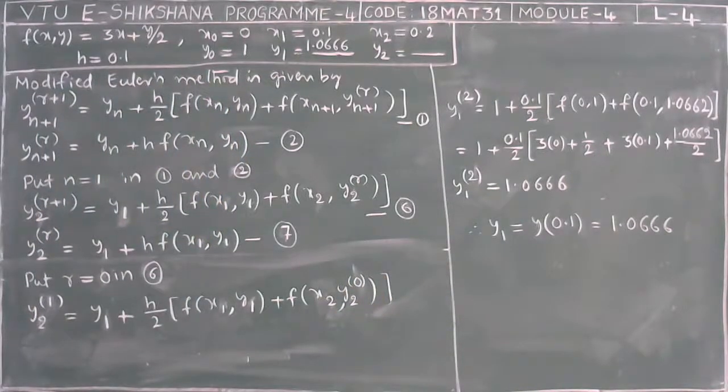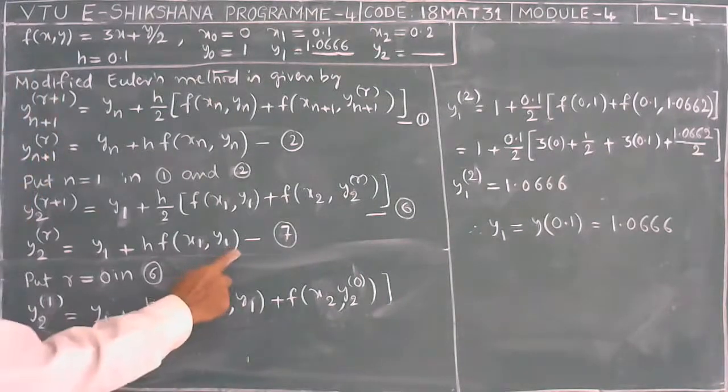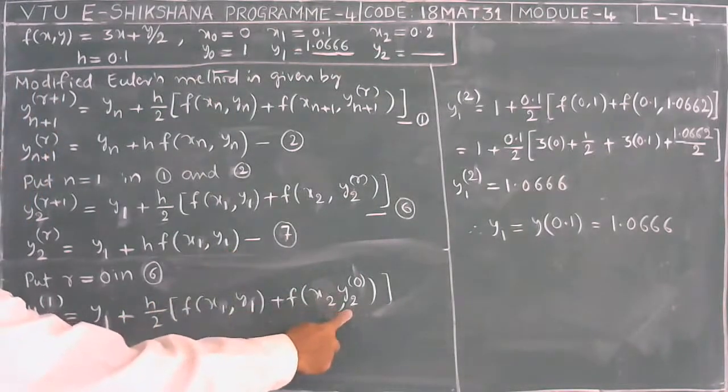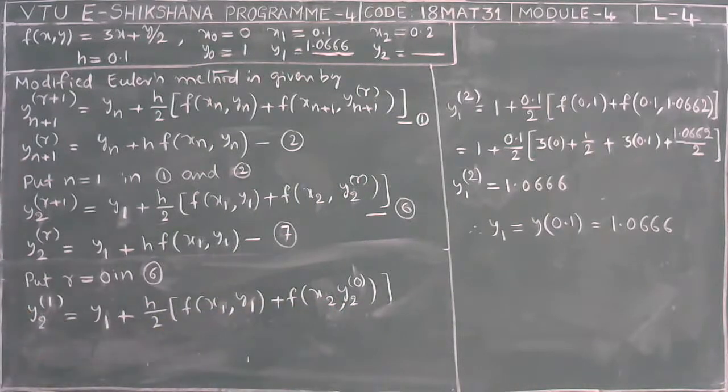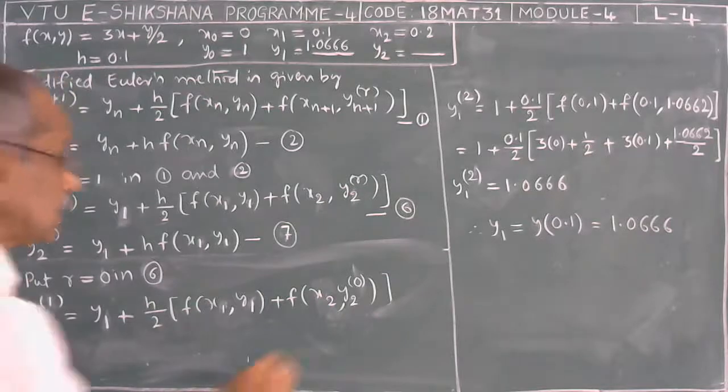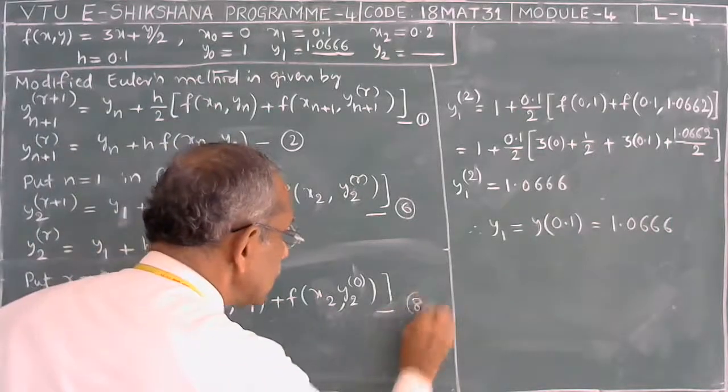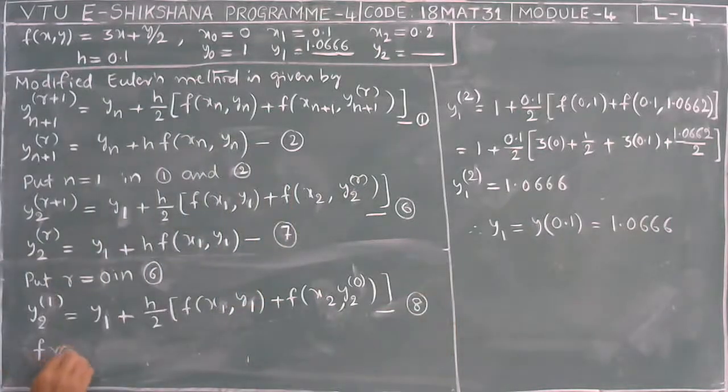Now from 7 I can find y2 0 and substitute here. Call this equation number 8.